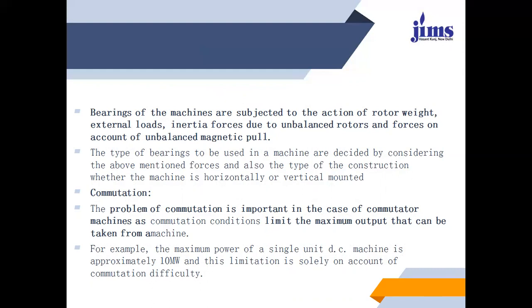So, what type of material are we using for the commutation? It will be defined by the capability of how much the device is capable to commutate, or convert the AC supply into DC or DC supply into AC.